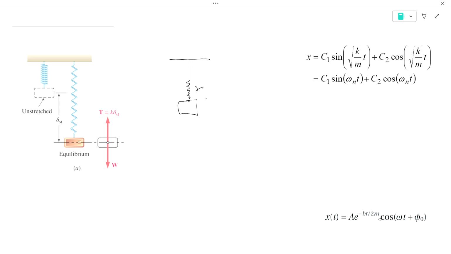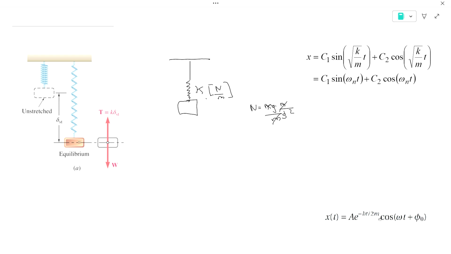So if you remember, the spring has usually a lowercase k as a constant, and the units are Newton over meter. So if we work that out, Newton is given by mass and acceleration, so mass times meter over second squared, divided by meter.